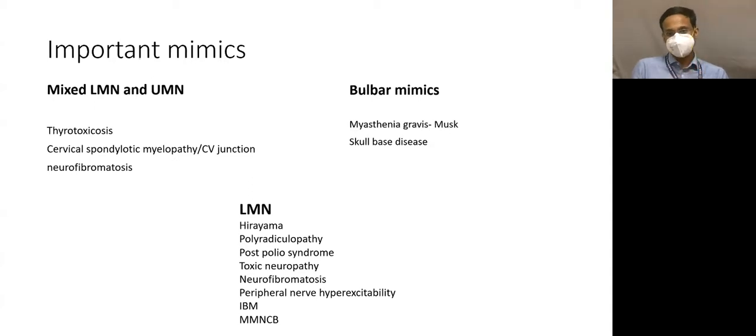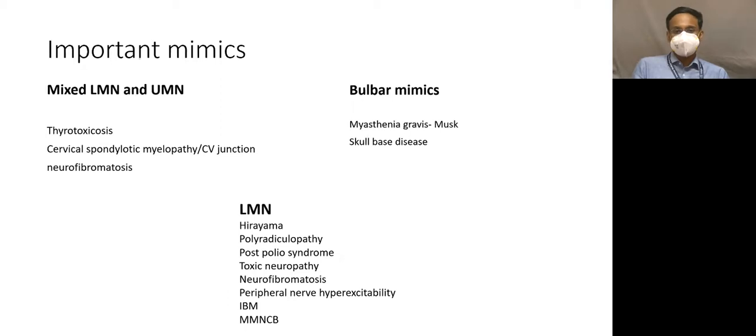The most common involvement would be just the bulbar and the neck drop. They might even have fasciculation of the tongue and wasting, and it exactly mimics motor neuron disease. We have multiple such cases which were initially labeled as motor neuron disease and subsequently called myasthenia gravis, got intubated, and subsequently we were able to treat them and wean them off the ventilator, and they finally had a good recovery.